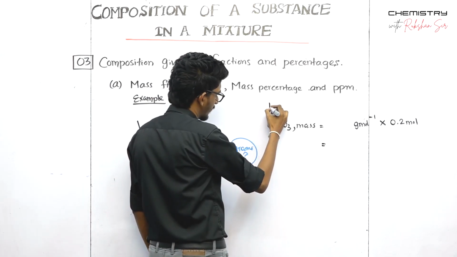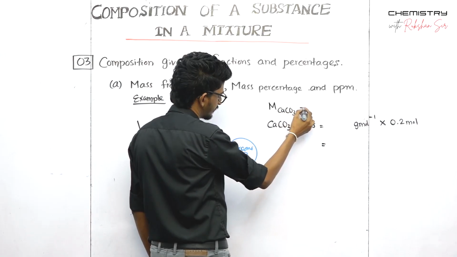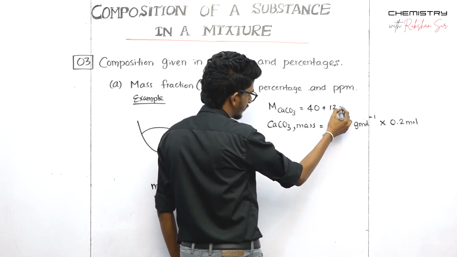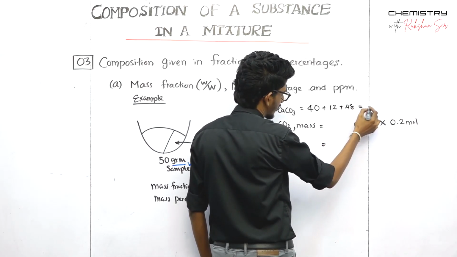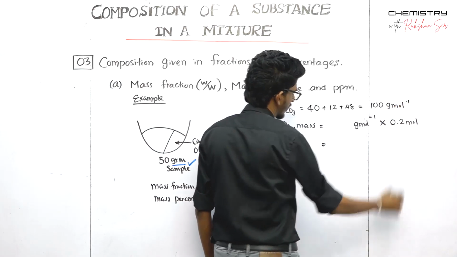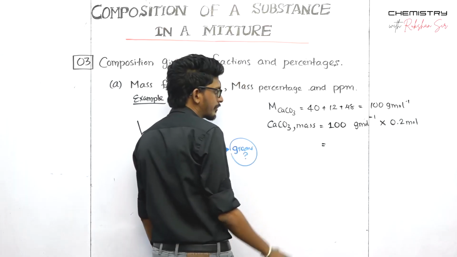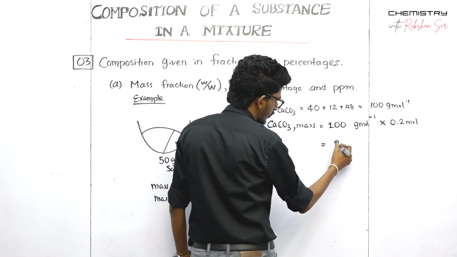For calcium carbonate, calcium is 40, carbon is 12, three oxygens means 48, so that is 100. The g mol^-1 value is 100. So 100 should be multiplied by 0.2. The value is then 20 grams.